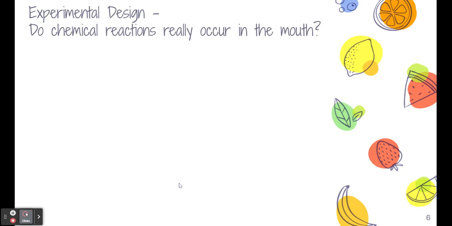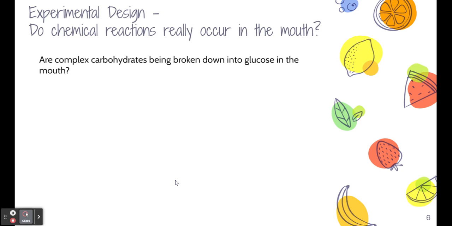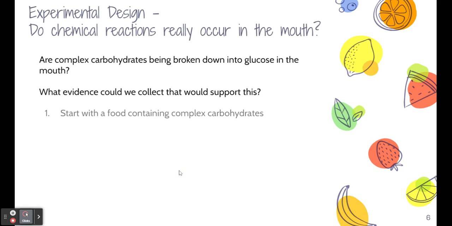So, thinking about our experimental design: do chemical reactions really occur in the mouth? Are complex carbohydrates being broken down into glucose in the mouth? What evidence could we collect that would support this happening?